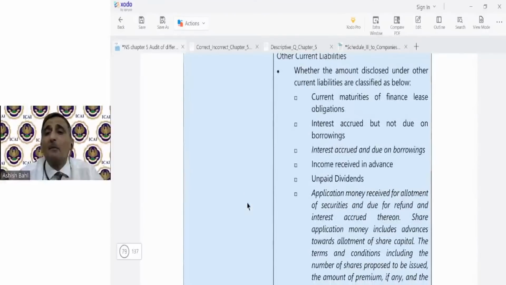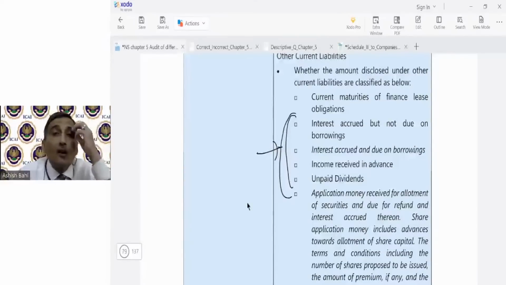And other current liabilities, like some other items are given under the head other current liabilities, like interest accrued but not due on borrowings, or interest accrued and due on borrowings, or income received in advance, unpaid dividends, or share application money which has been received but it has to be refunded back.